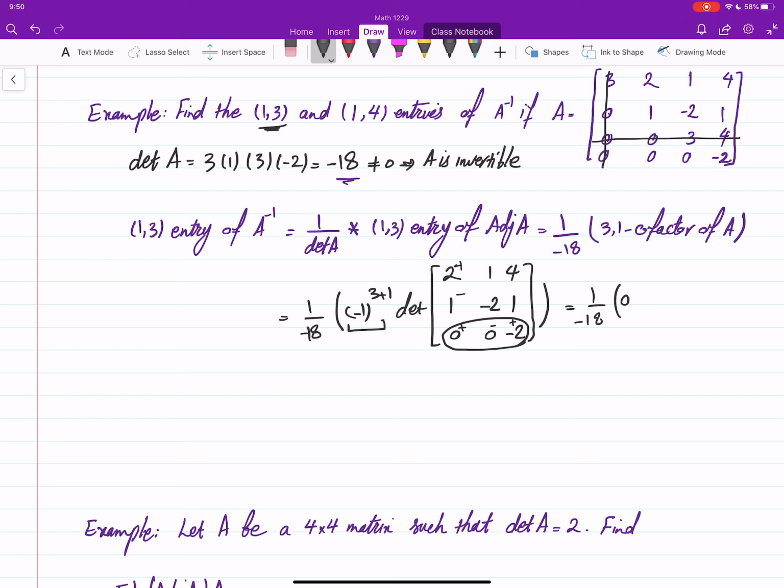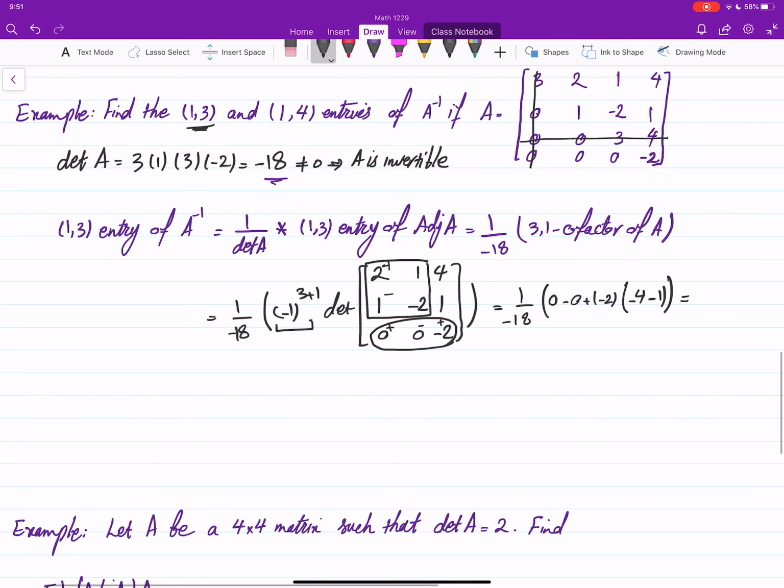So it will be 0, minus 0, plus negative 2 times the determinant of this submatrix, sorry, this one, which is the determinant of 2 times negative 2 is negative 4, minus 1. All together, this gives us negative 5, and then times negative 2, 10 over negative 18.